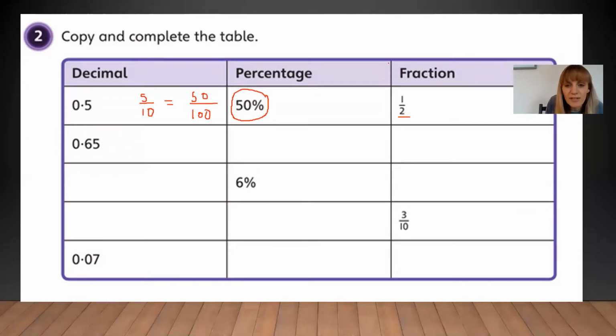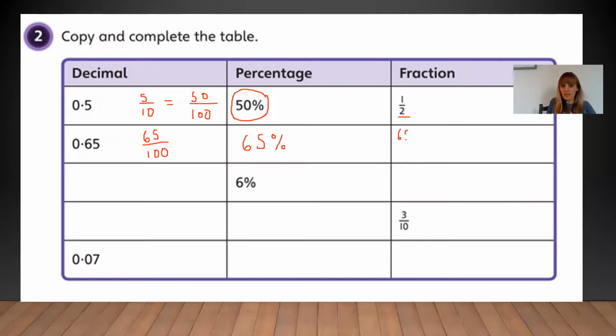Okay, so 0.65, how am I going to write that as a percentage? Well, 0.65 is the same as 65 hundredths. So therefore, we already have our percentage. It's the same as 65%. Now, we then have to think for our final fraction here. Can I simplify that at all?